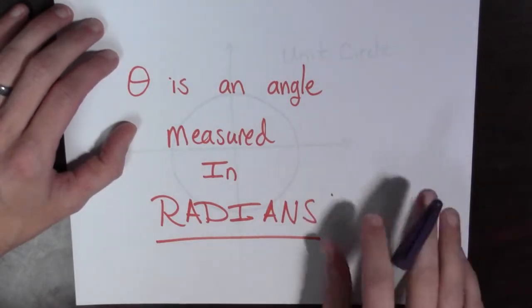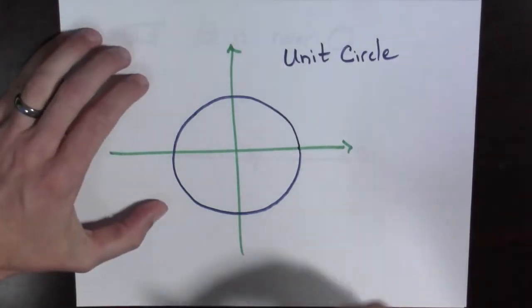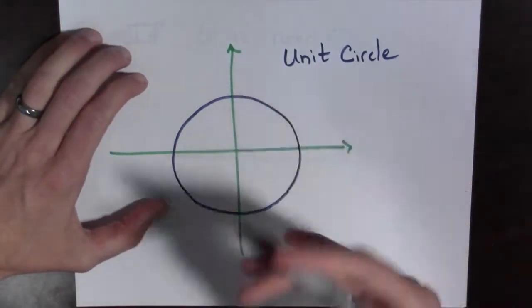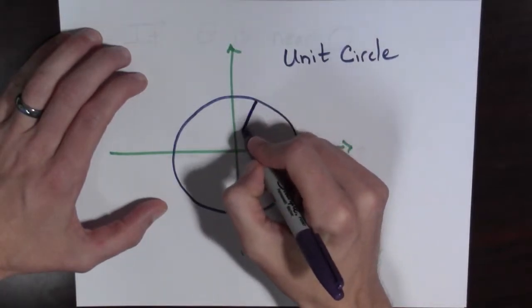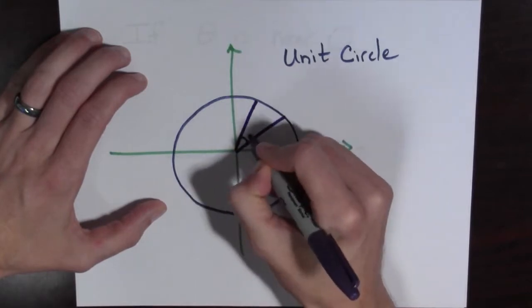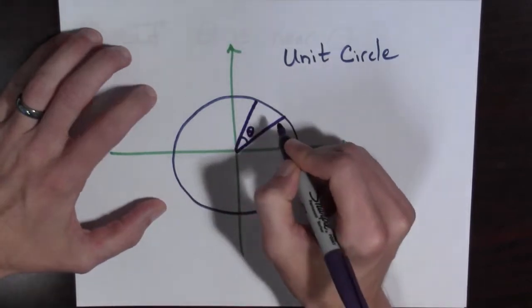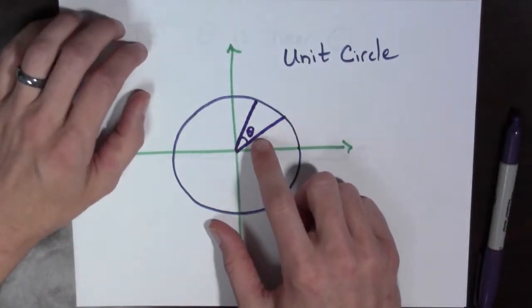So let's remind you what a radian is. If you have a unit circle, we want to be able to measure an angle somehow. Any angle that you hand me can be placed inside this unit circle. And here's my angle, and I'll put theta in there. So what is the radian measure of theta?